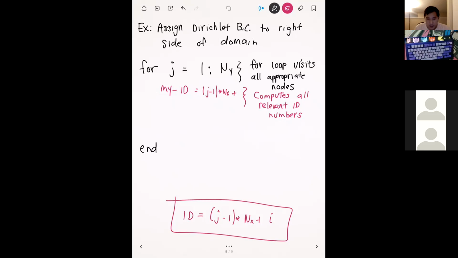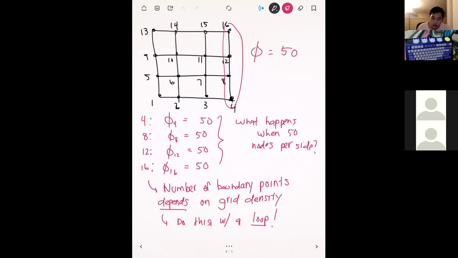But instead of I, let's plug in something special here. Because what's special about all of these nodes on the boundary right here? All of these nodes are on the very right side of the domain. And so all of these nodes on the right, they all share the same I value. In particular, the I value for all these nodes on the right is going to be nx.